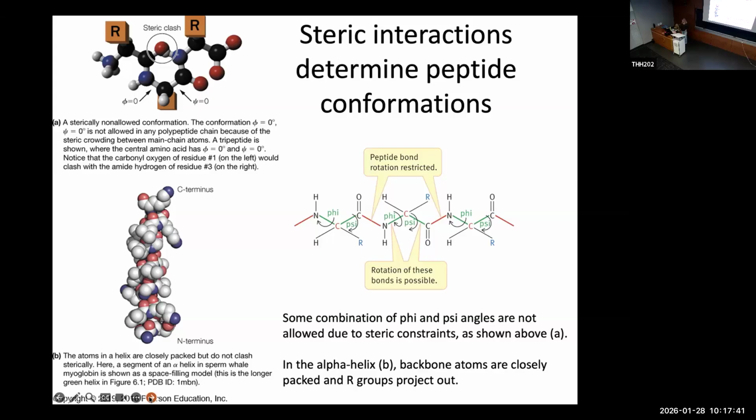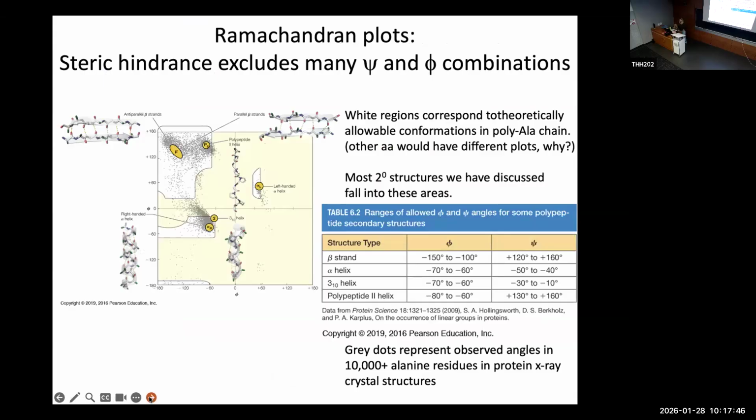So a scientist named Ramachandran set out to map the allowable angles of the phi and psi bonds, and which ones we actually see in a protein chain that are allowable with regard to steric problems.